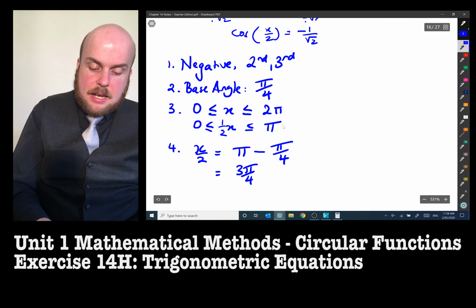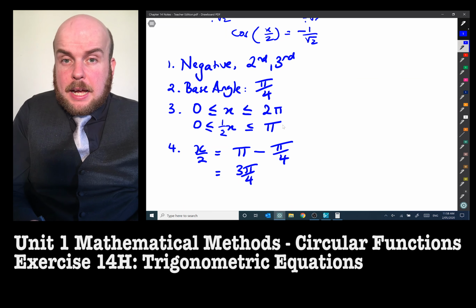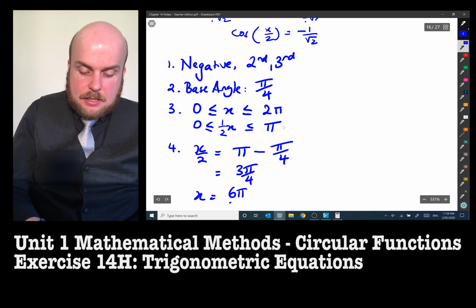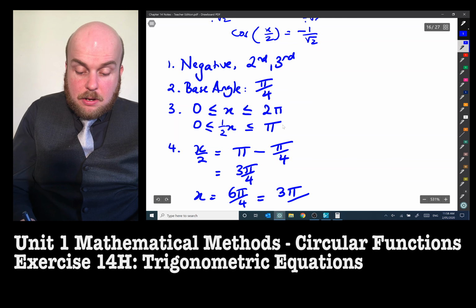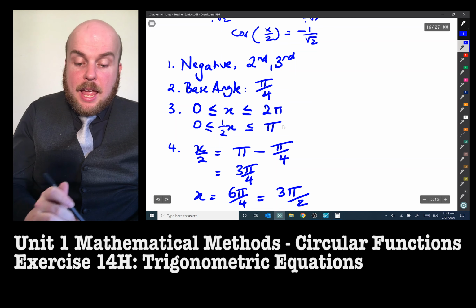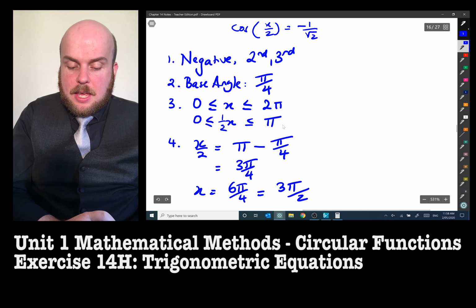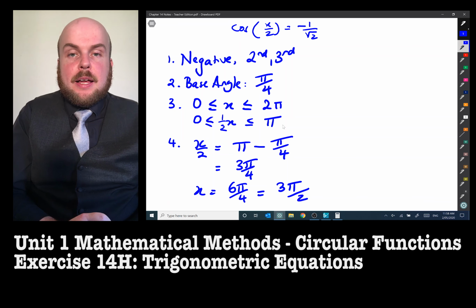And then I just need to divide both sides by 1/2, or times both by 2. x is equal to 6 pi on 4, which is equal to 3 pi on 2. And there is my only solution to this equation. So x is equal to 3 pi on 2.